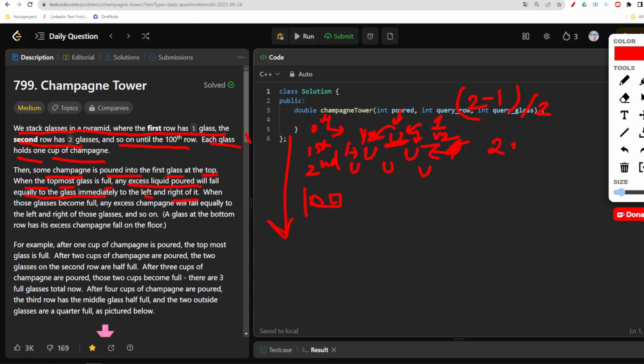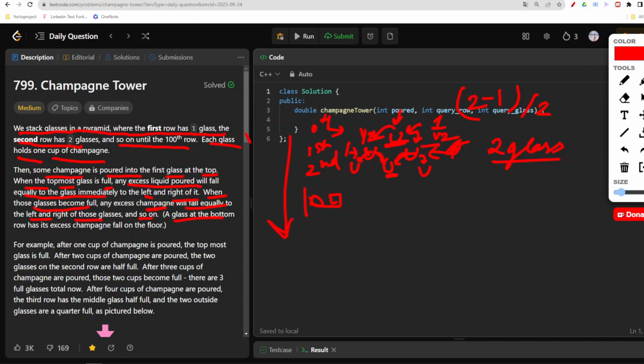If we pour two glasses into the topmost glass, then when those glasses become full, any excess champagne will fall equally to the left and the right to those glasses, and so on. And like this, all other glasses, if any excess is there, it will fall equally to other two. And basically this will get half of this and half of this, means one full glass again it will get, if 50-50 was there in both of them.